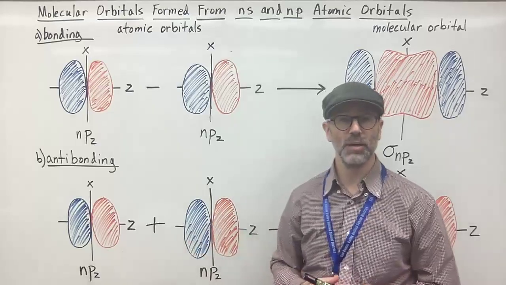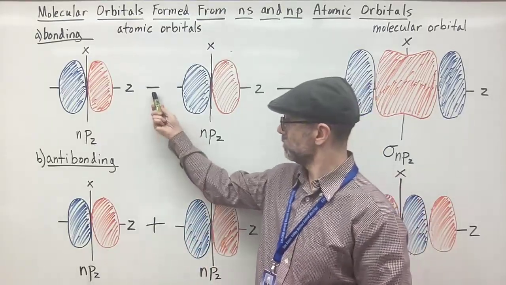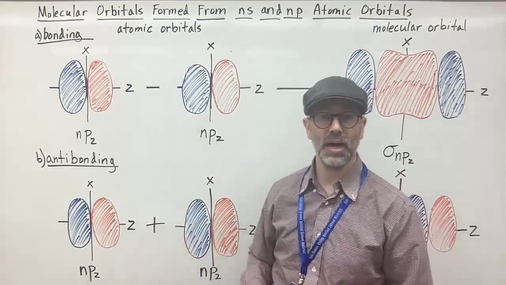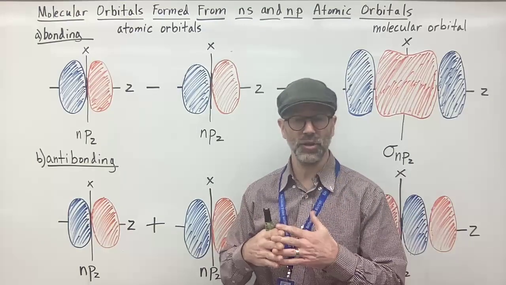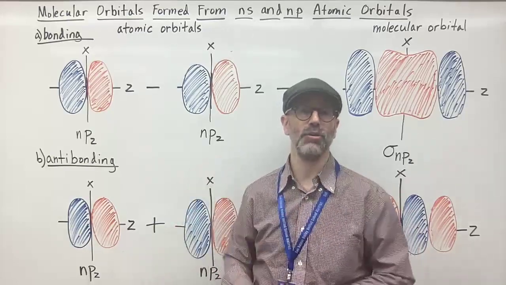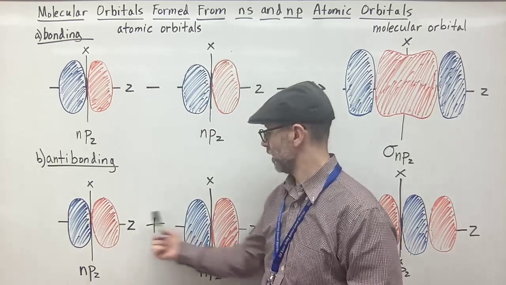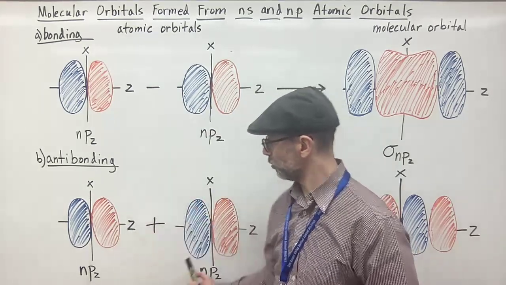But again, when it comes to bonding and antibonding, it's not the difference or the sum that's really important. It's whether you're having positive lobes overlapping or positive and negative lobes overlapping. So here we're going to have a positive and negative lobe overlapping from the atomic orbitals.